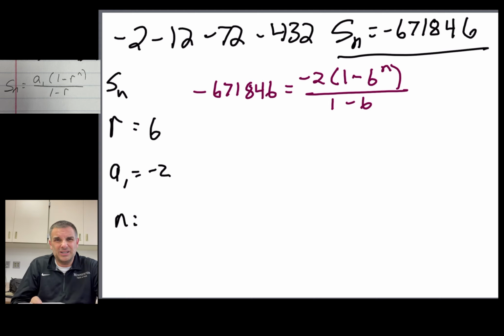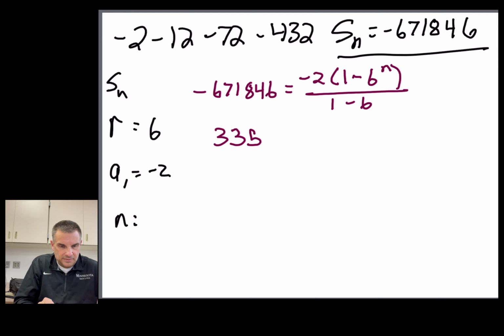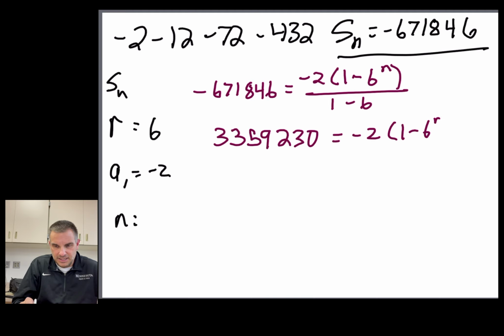Okay, so can we agree that it's negative 5 on the bottom? And then we can take 671,846 times negative 5. Well, they're both negative, so it's going to be positive. So that's 3,359,230. That's equal to negative 2 times 1 minus 6 to the nth power.